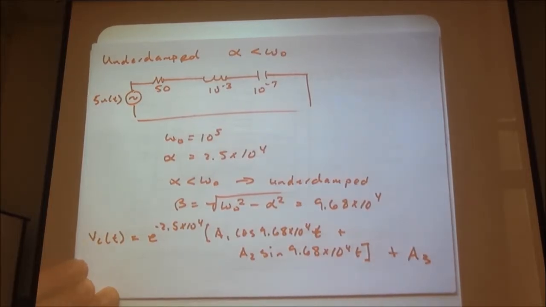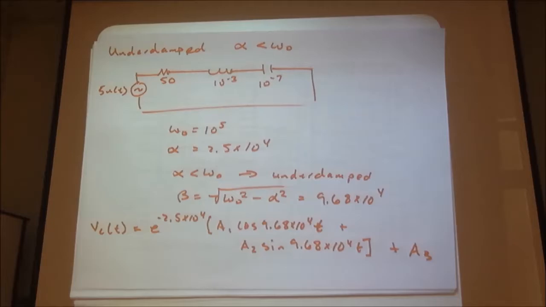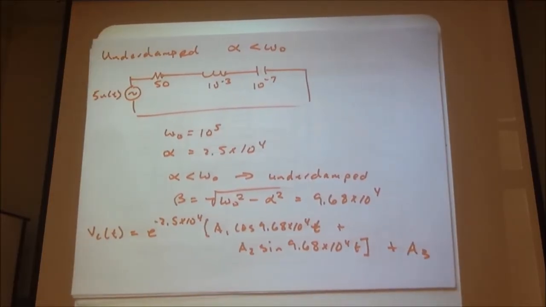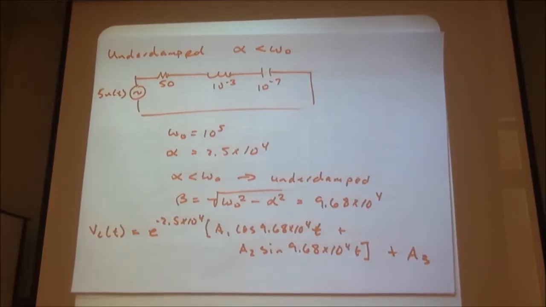That's outside the bracket, of course. And again, to emphasize, this is an exponentially decaying sinusoid. And in my experience, it's a fairly confusing expression. So we'll look at that pretty closely.